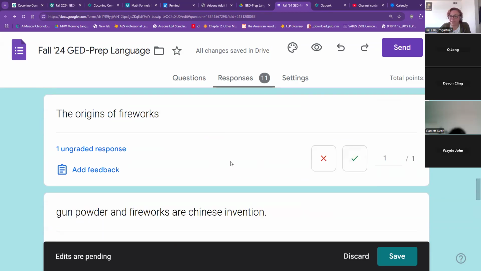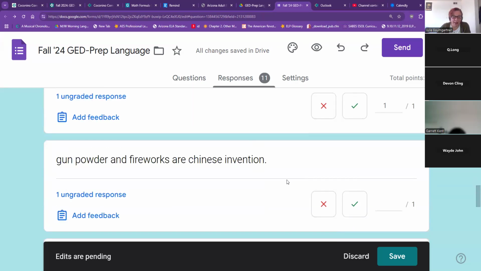Origins is probably one of the combinations I did not come up with. Now, once again, this is true, but remember, gunpowder is really only mentioned in like the first 2-3 sentences, and then it only focuses on fireworks. So it's not going to be part of the topic. Once again, it's more of the hook to pull you into the text.